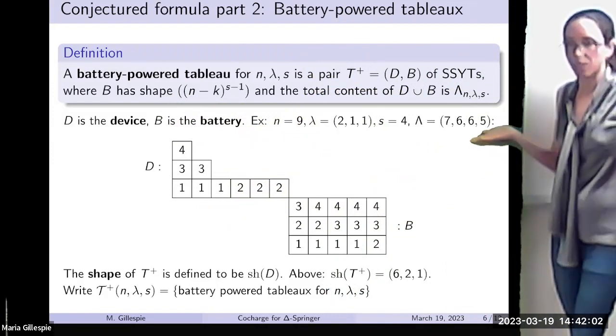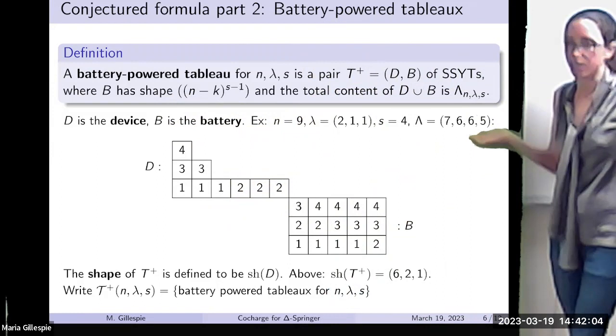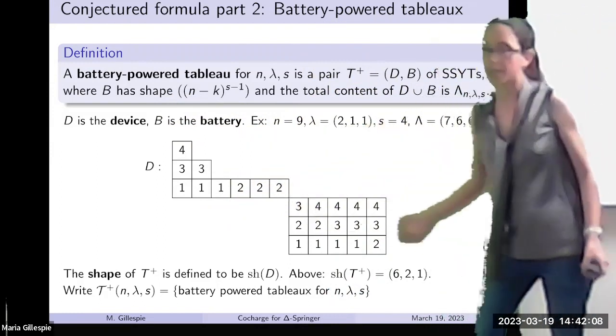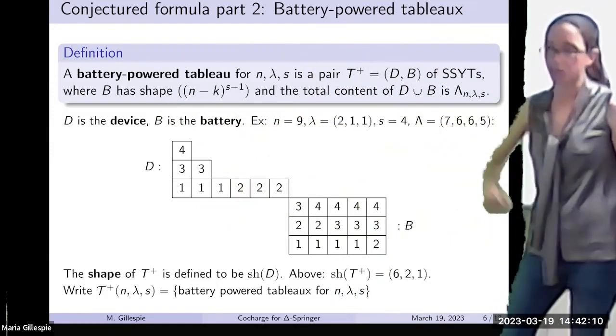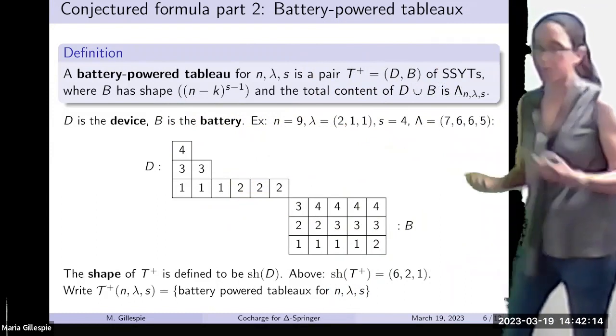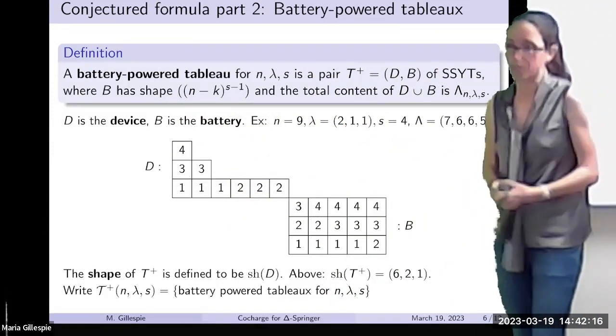So this is the same numbers as in the previous example. Capital lambda is 7665, and that means there's 7 ones total in D and B, and 6 2s total, and 6 3s total, and 5 4s total. So that's how we define a battery-powered tableau for parameters n, lambda, and s.